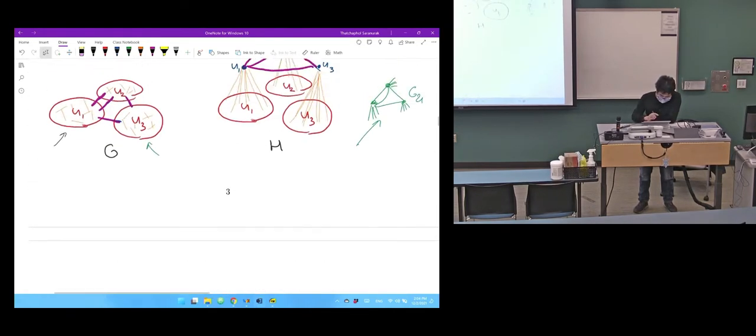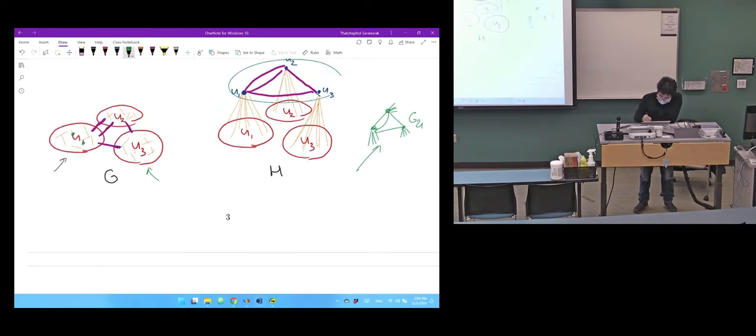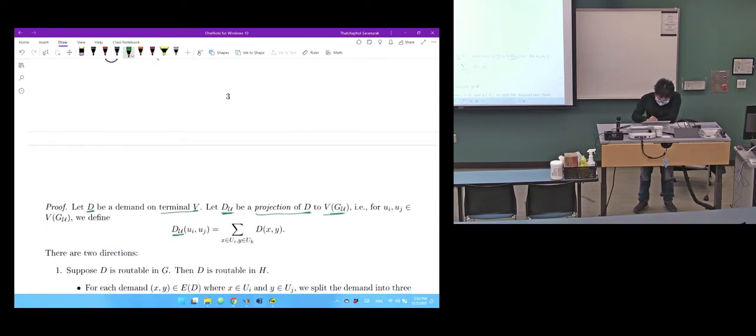When you have a demand in G, you can define the demand in G_U, where the demand between two vertices in D_U is just the total demand between the two parts. That's how we define D_U. You can kind of contract the demand, basically.